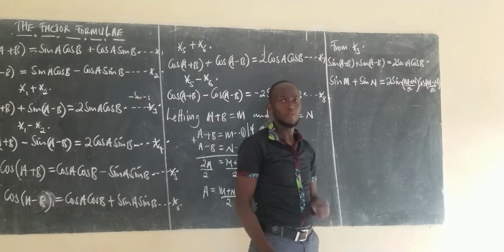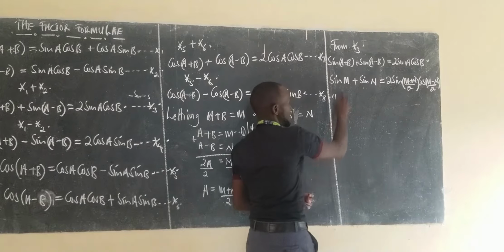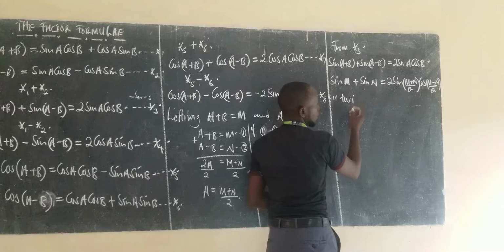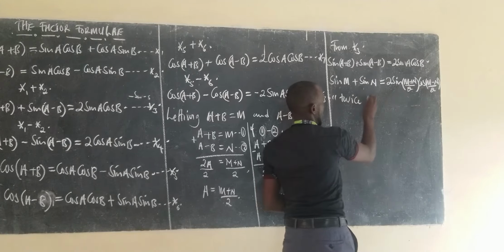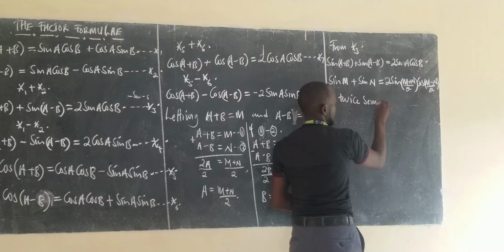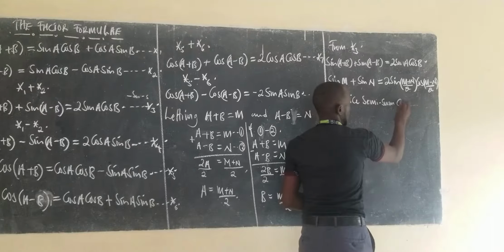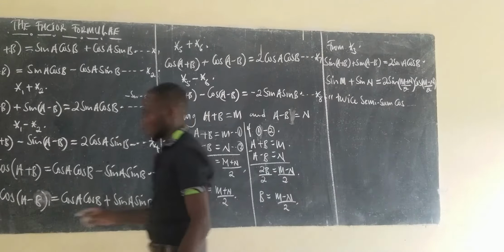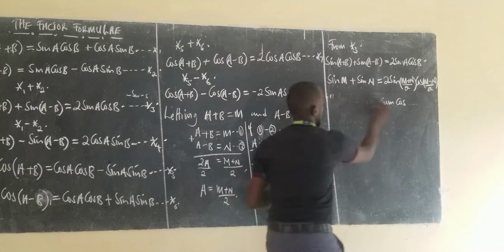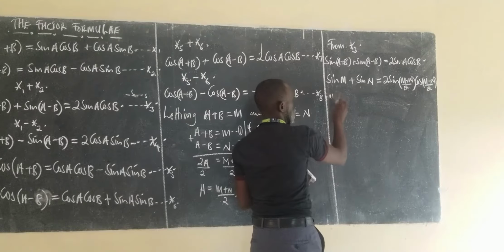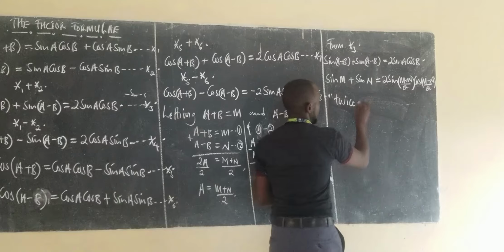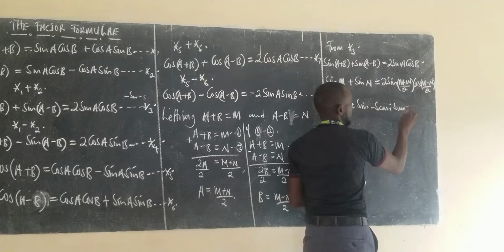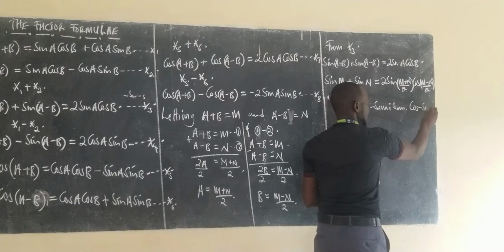That is why, if possible, somebody may just say the sum of two sines is equal to twice sine same sum, cos same diff. You can say twice sine, same sum, cos, same diff.